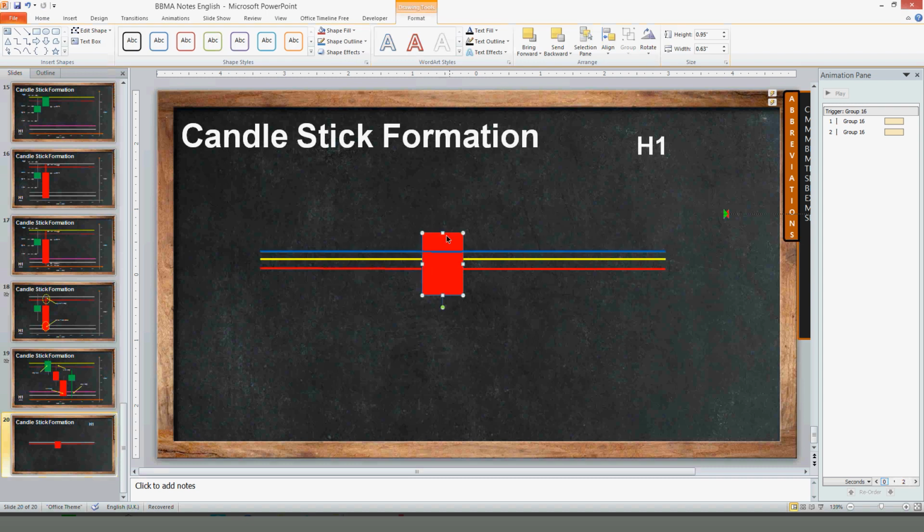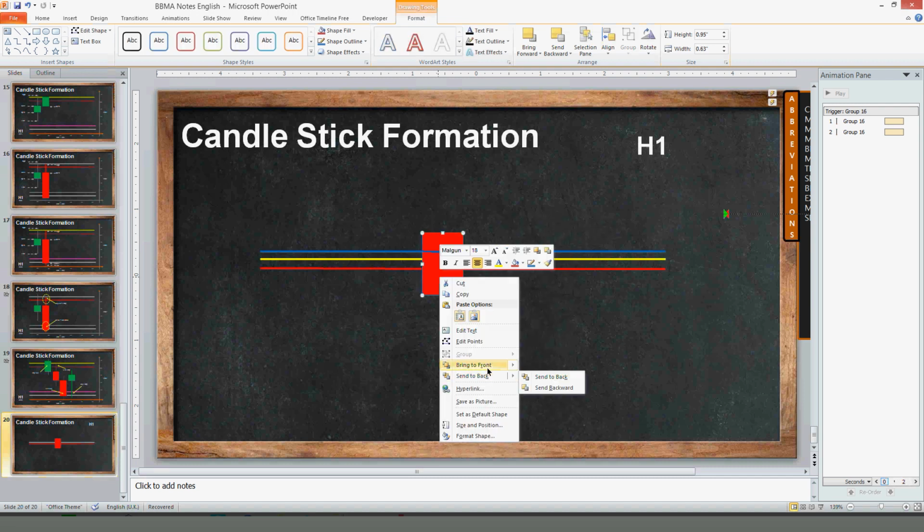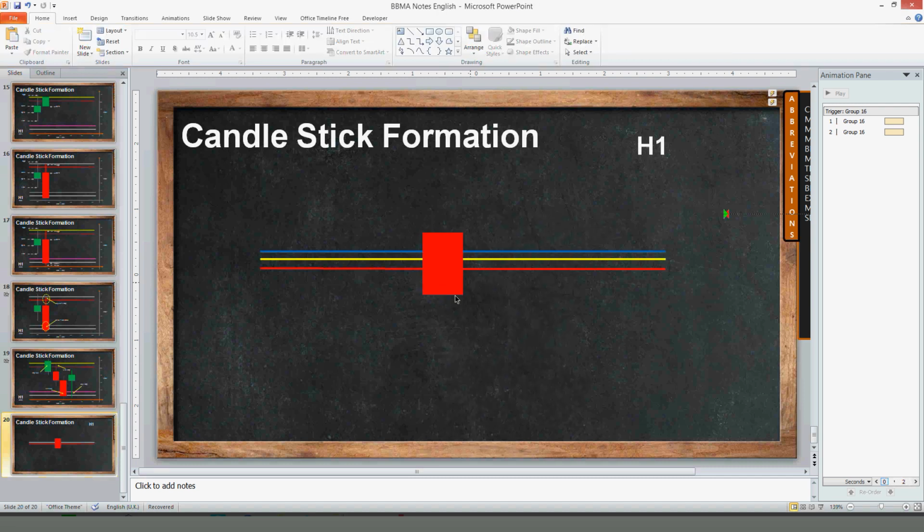So imagine you have another line available to you at this particular point. What I'm trying to explain here is that if there are two or more moving averages or lines in BBMA at a single point, then that is a point where there is a very strong resistance or support.